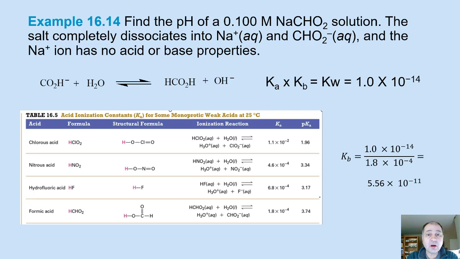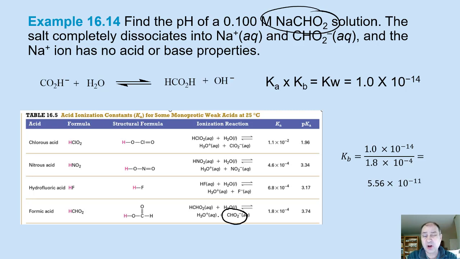All right, so for example here, this is where I show you how to find the Kb of these weak salts, right? So find the pH of a 0.100 molar solution of sodium formate. Okay, formate's not something that we've learned about as a polyatomic ion, but if you look at a chart, I've got this one here truncated so you can find formic acid, but you basically just need to find that conjugate base.